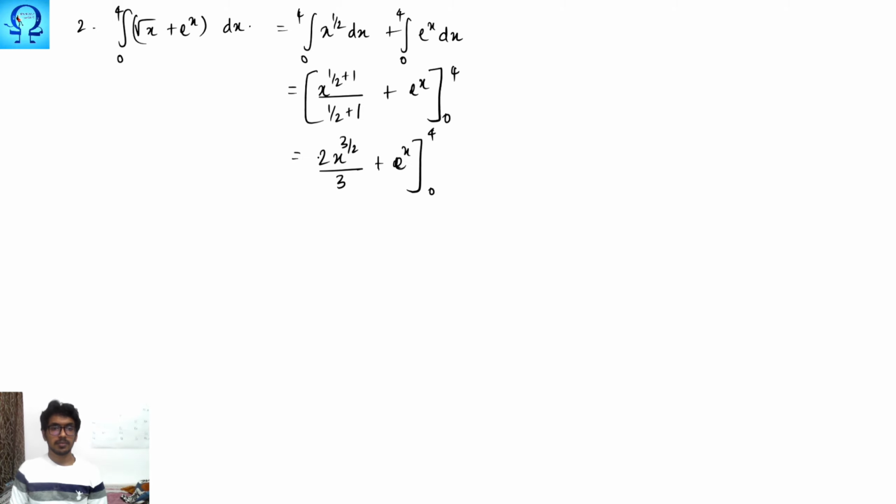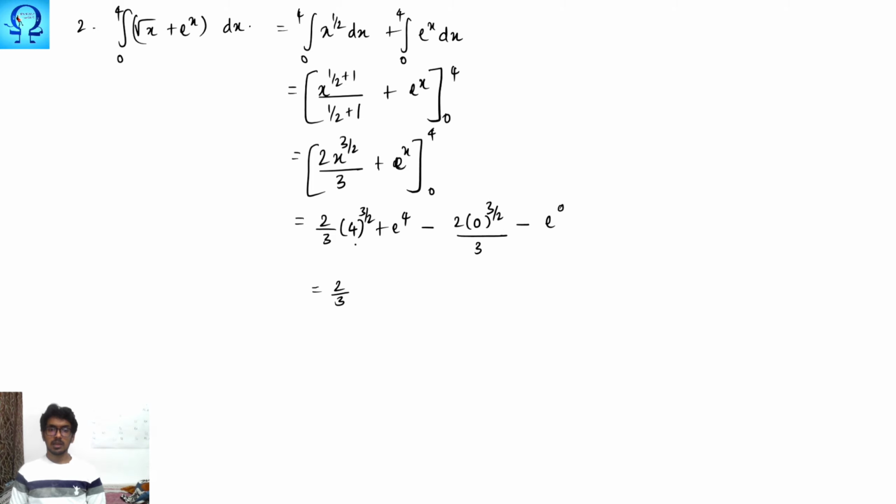Right? When you substitute these limits, you are going to have 2 upon 3 times 4 power 3 by 2 plus e power 4, minus 2 upon 3 times 0 to the power 3 by 2, minus, and then plus, so it becomes minus e power 0.